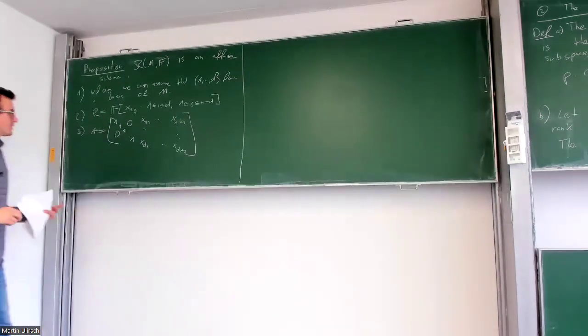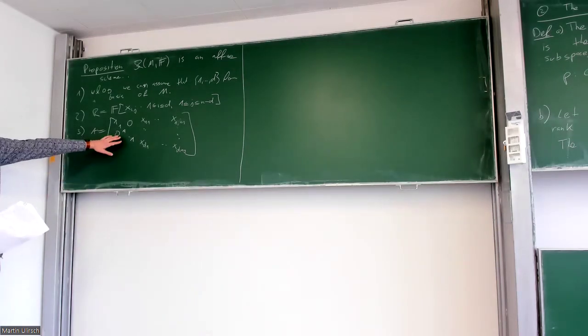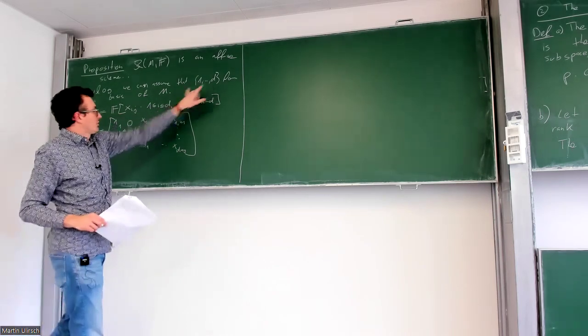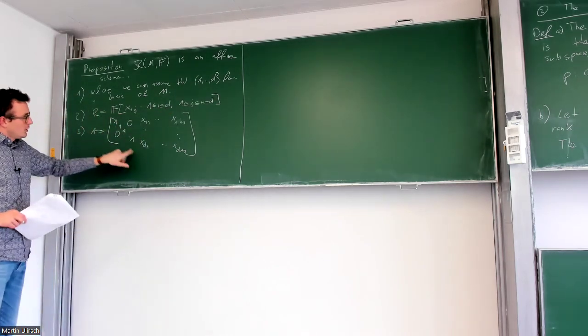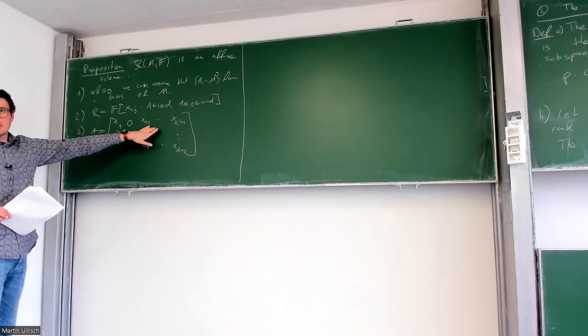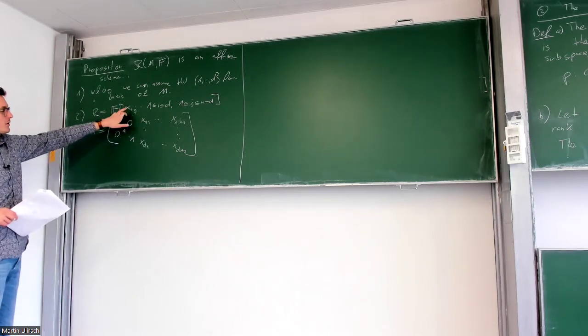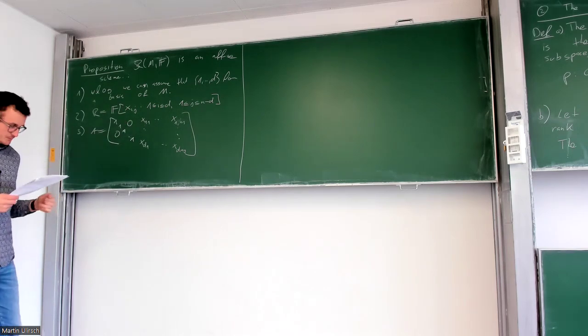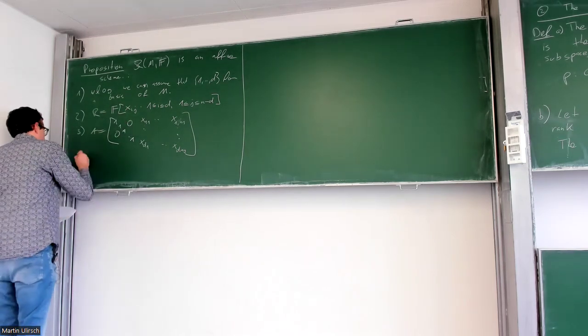So I have this big matrix where in the front I have the identity matrix, which is good because I know that the first d elements form a basis, so they should be invertible. And then in the bottom part of the matrix, I just wrote the variables of my polynomial ring.